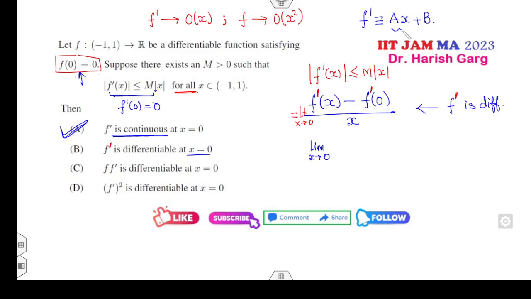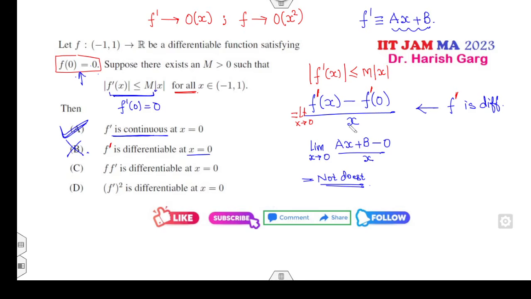Or f dash x in general it is of the form ax plus b, f dash 0 divided by x, and clearly say limit does not exist. Why? It is b over x. Fine. So if I choose b is any number, it is not satisfied. Fine. So limit does not exist. Clear? Now f into f dash is differentiable.